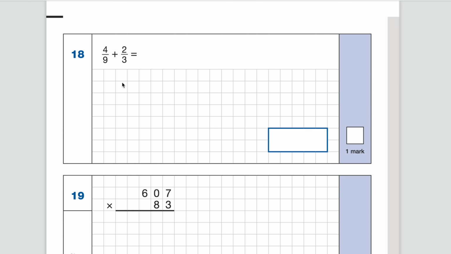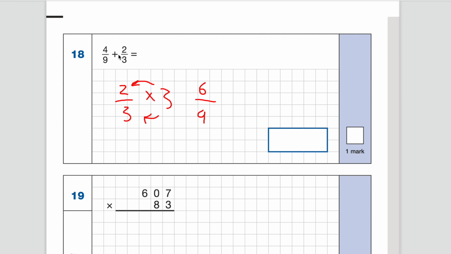So 2/3, if I multiply both the top and the bottom by 3, would be 6/9. So that's the equivalent. 2/3 is the same as 6/9.